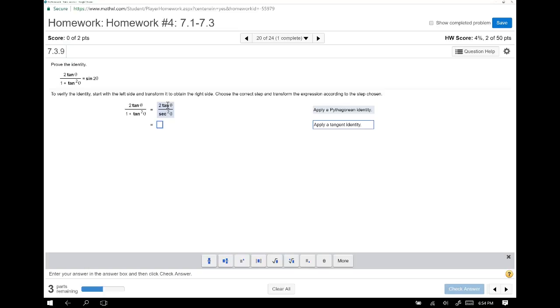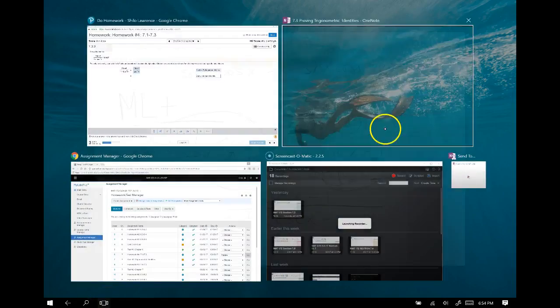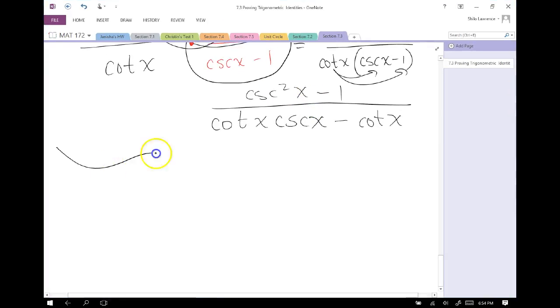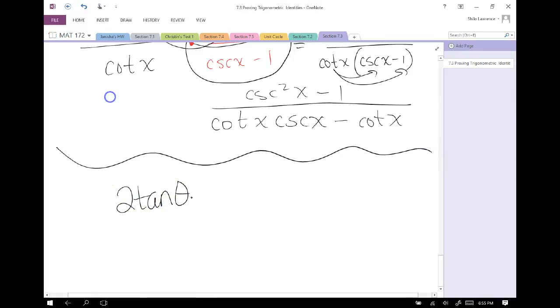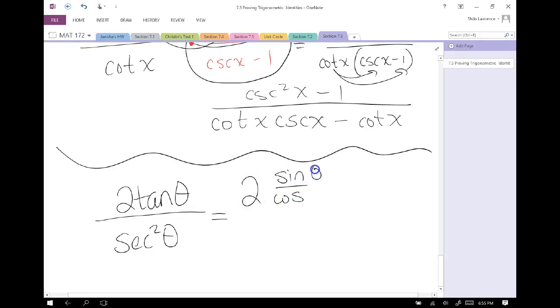Let's go over to my paper. 2 tan over secant squared. 2 tan, because they're not going to take a fraction inside of a fraction as the final answer, over secant squared.